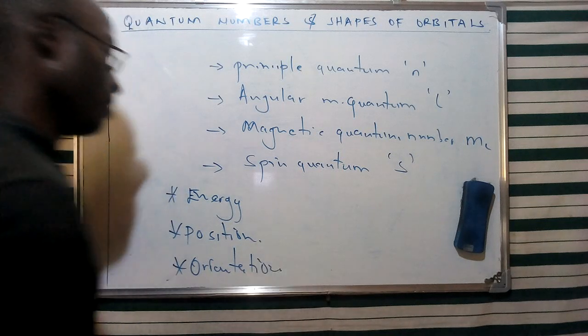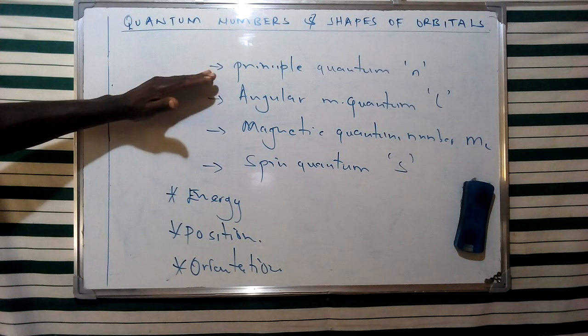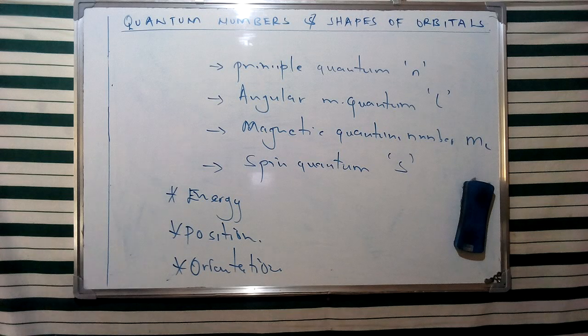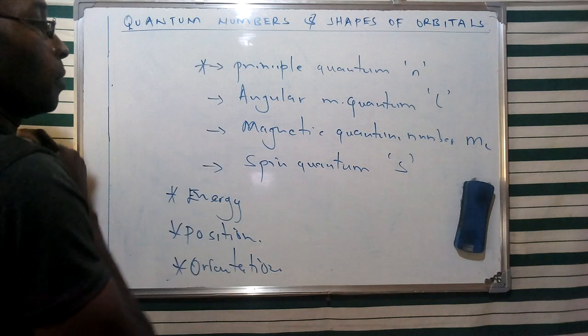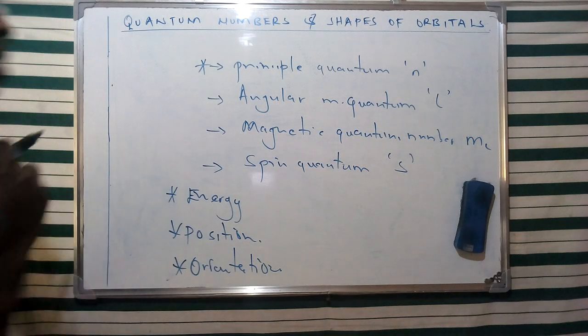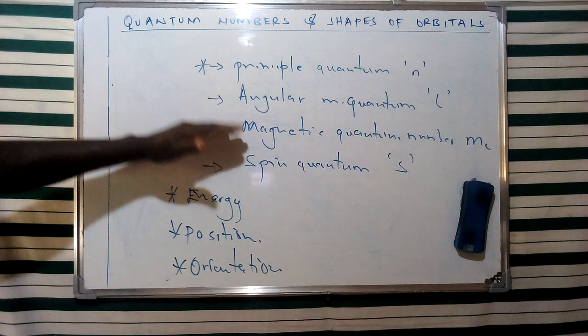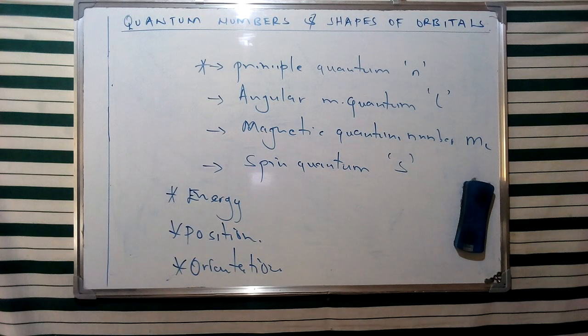In this discussion, I'm going to limit myself to the principal quantum number. In our subsequent discussions, we are going to look at each individual set of these quantum numbers in a detailed form.